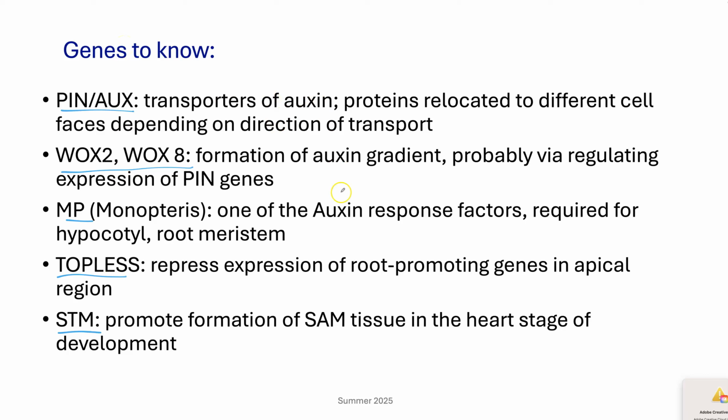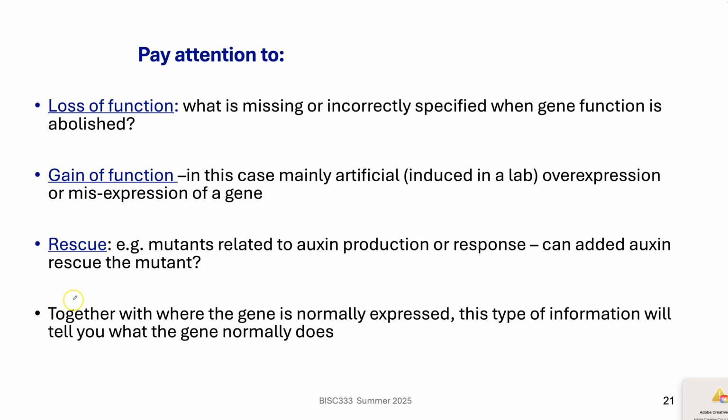And this tells you what their relationship is to auxin for these ones. And these guys down here we'll be talking about again in the upcoming lectures. And things to think about: loss and gain of function. So most of the time, loss of function is when the gene is mutated, and the gene function is gone. So the gene can't produce the proper protein.